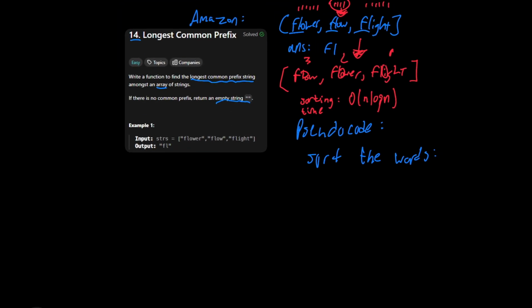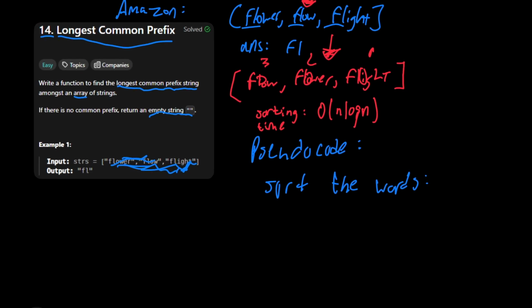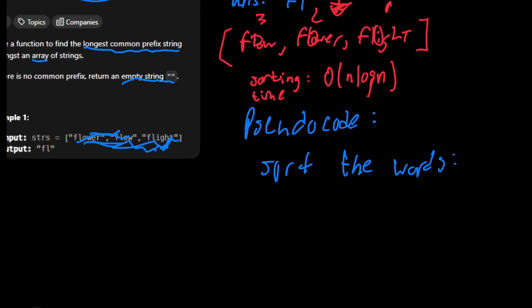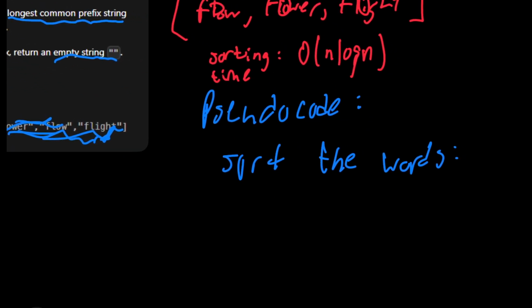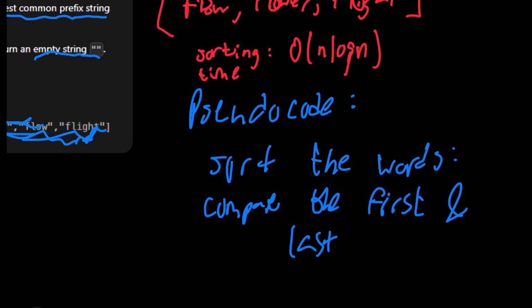And then, well, we need our answer to be the longest common prefix, not of just 2 words, but of every word. Every single word in this array has to have this longest common prefix. So what we can do is just sort the words, and then after that, we can just compare the first and last words.